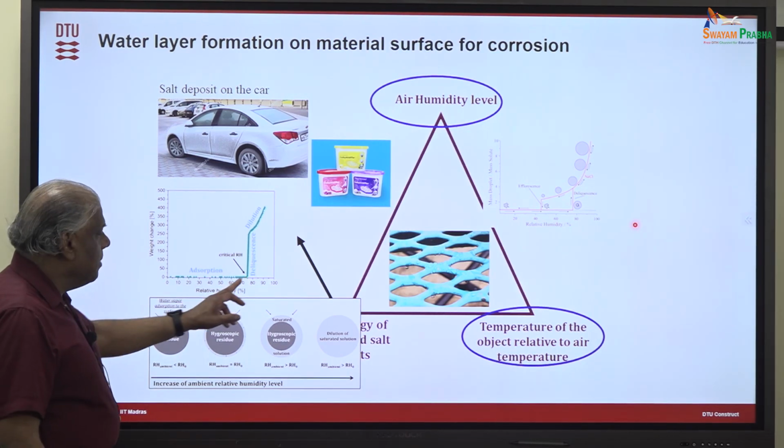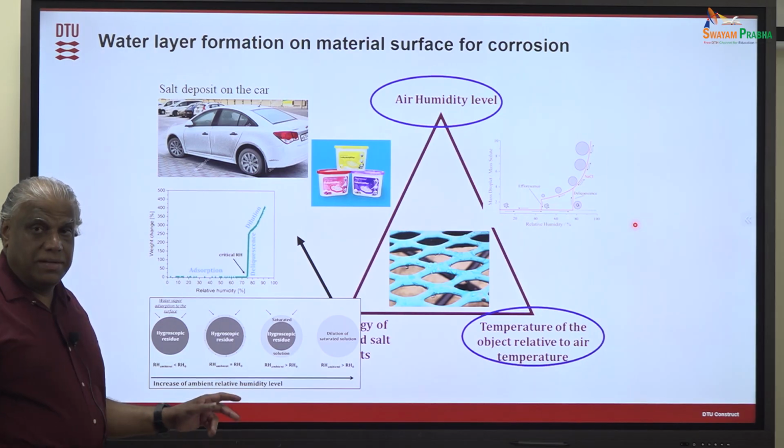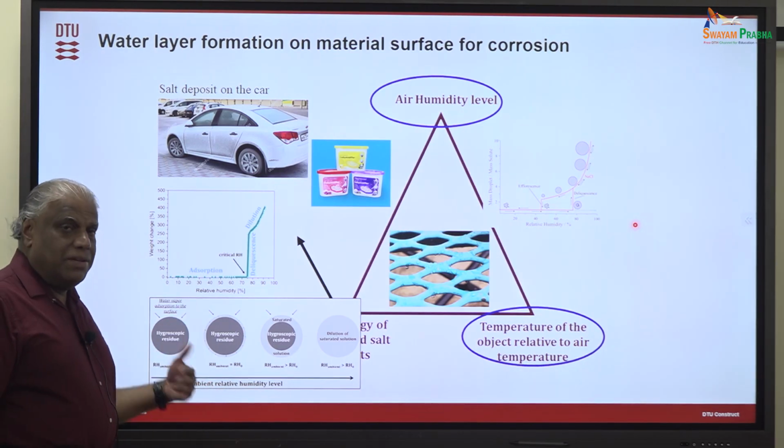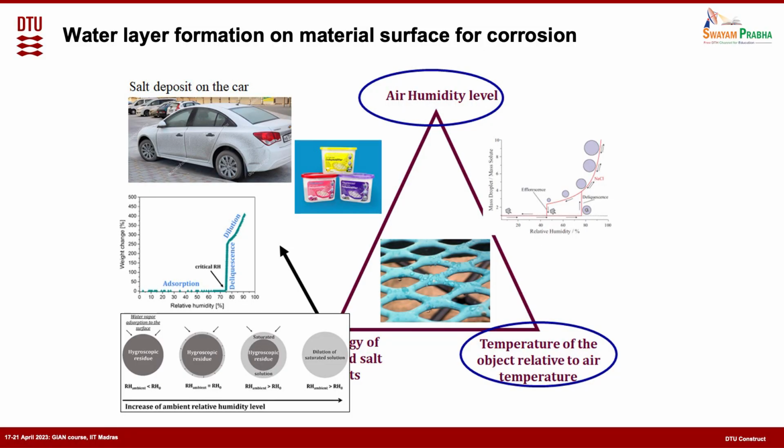And this deliquescent humidity level is different for different substances. Thermodynamically, we will not go into detail, but we can also see that when you mix two hygroscopic substances, so that means sodium chloride has a certain relative humidity level, and magnesium chloride has another deliquescent humidity level. If you mix these two together, thermodynamically the combined deliquescent humidity level for the mixture usually drops.